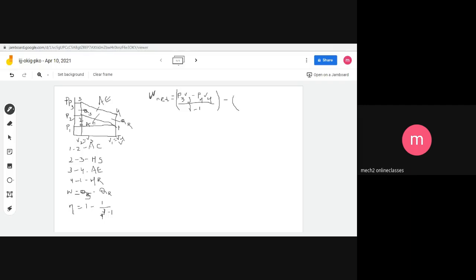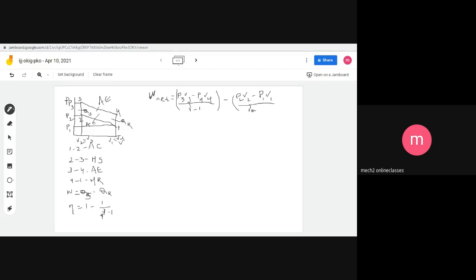how can we write the work done for 2 to 1? The same way: P2 V2 minus P1 V1, by gamma minus 1.